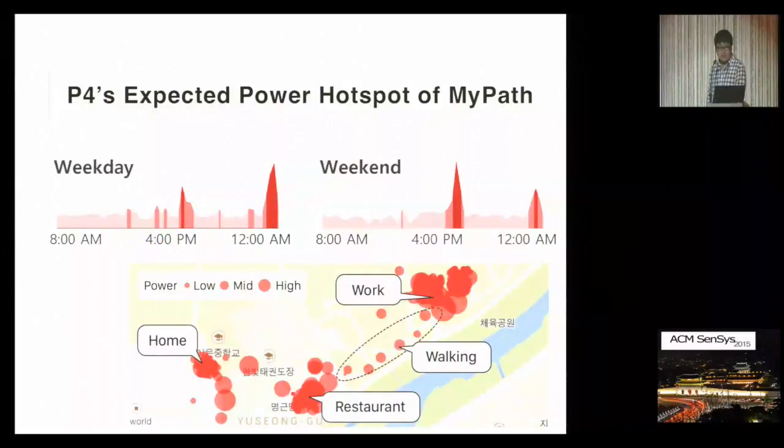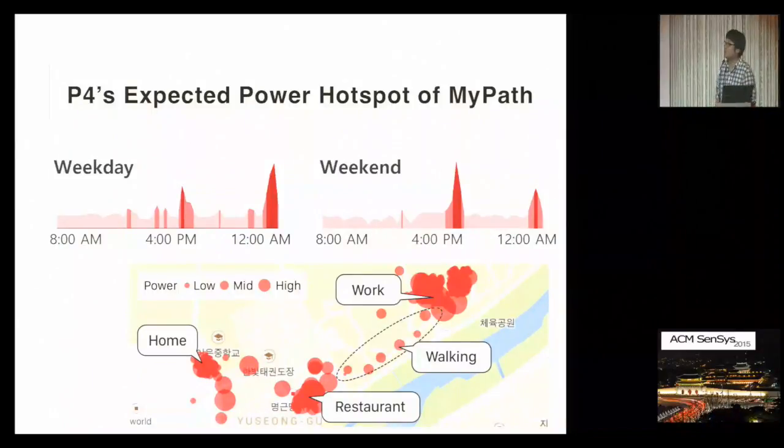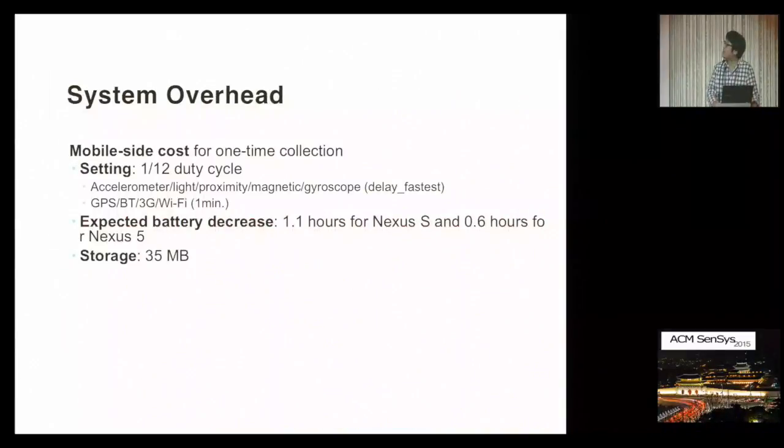Okay, last. Beyond providing a single power value, PowerForecaster can also provide diverse power information with respect to user context. This shows the expected power hotspots of participant 4 for the MyPath application. Last, I briefly mention the system overhead.